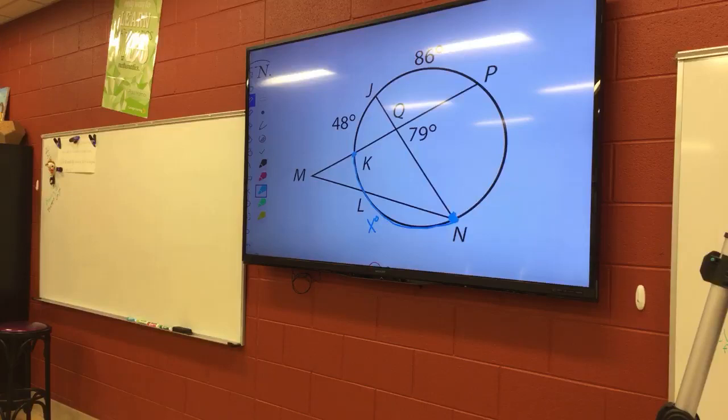This is not in the middle. What's 79 times 2? No, the angle. So 79 equals 1/2 of 48 plus X, or Y. Look, the angle equals 1/2 of the sum. That's the angle.